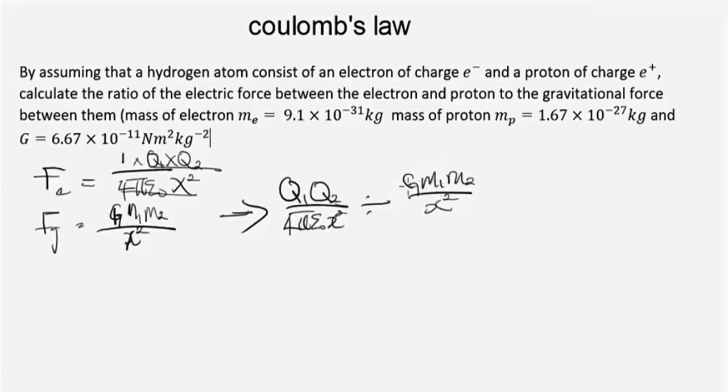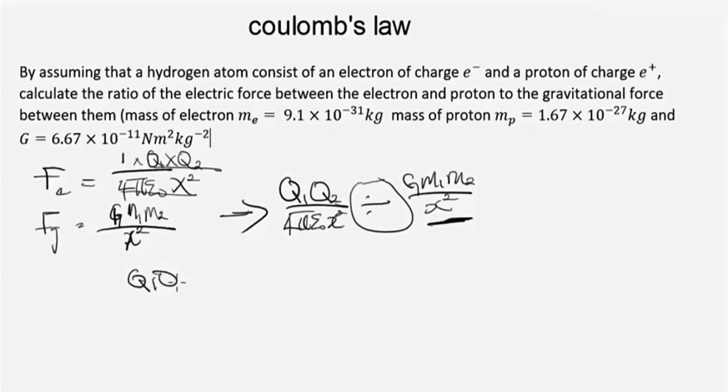So the next thing is to change the sign of division to multiplication. When we change this sign to multiplication, we'll now have an inverse of this.